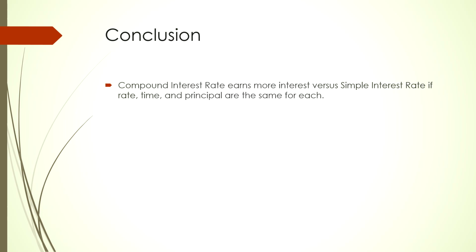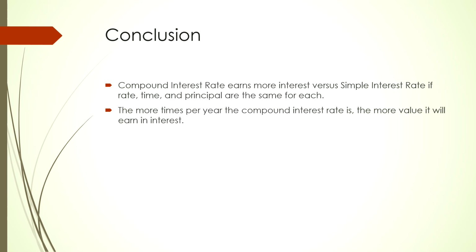So in conclusion, compound interest rate earns more interest versus simple interest rate if rate, time, and principal are the same for both. The more times per year compound interest rate is, the more value it will earn in interest.